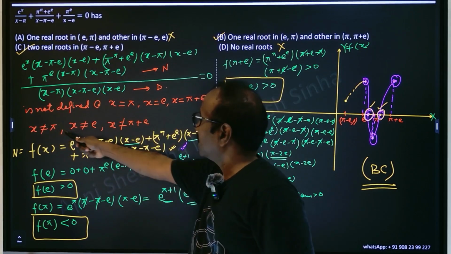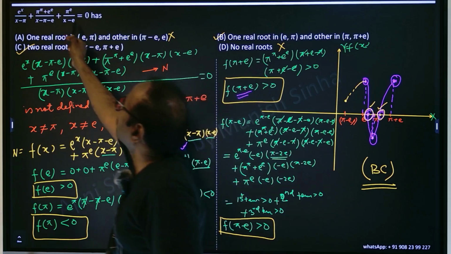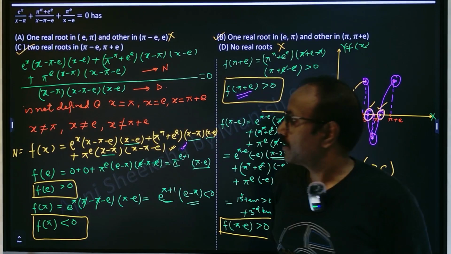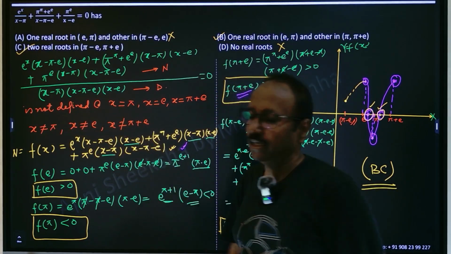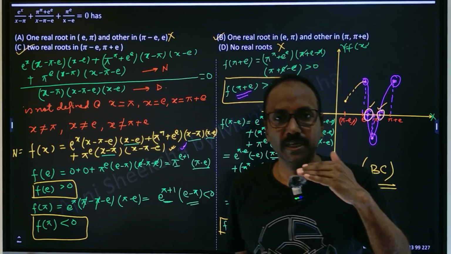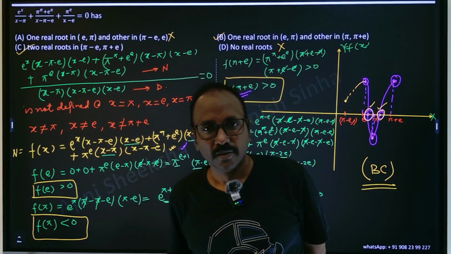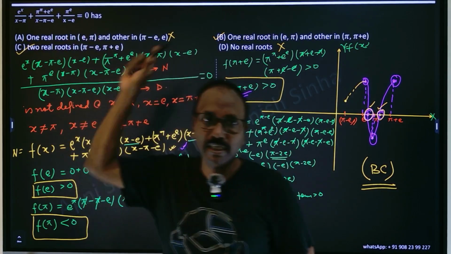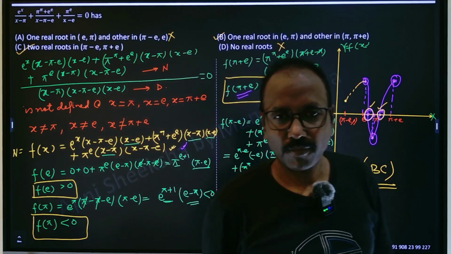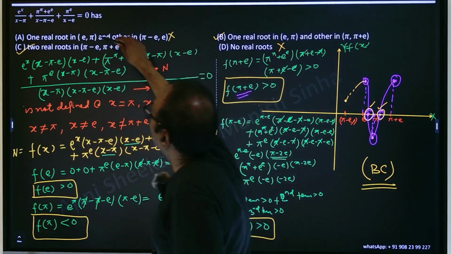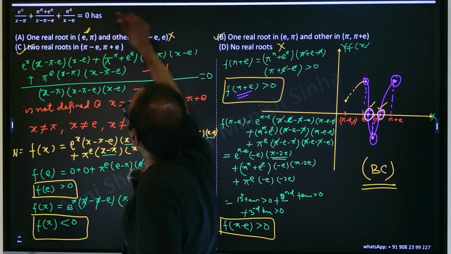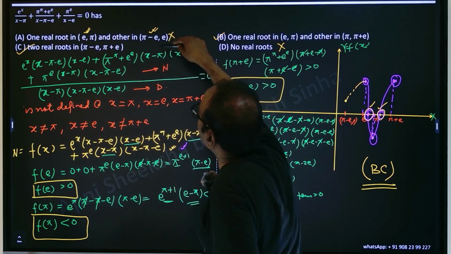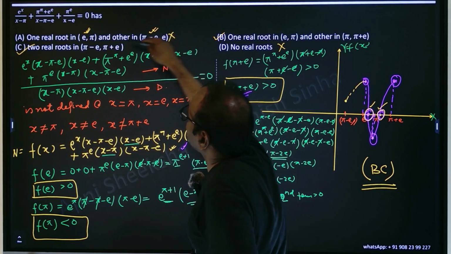Because at e, pi and pi plus e, the denominator will become 0, so this whole expression is not defined. This complete expression will tend to infinity. So that is why in every domain these values are excluded.